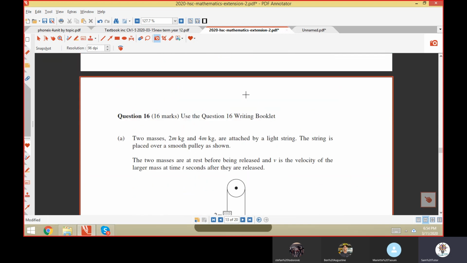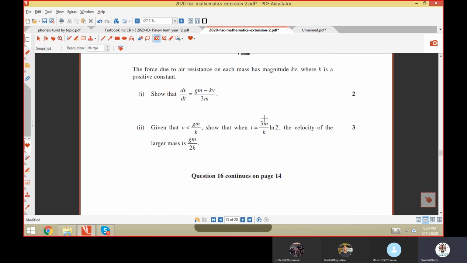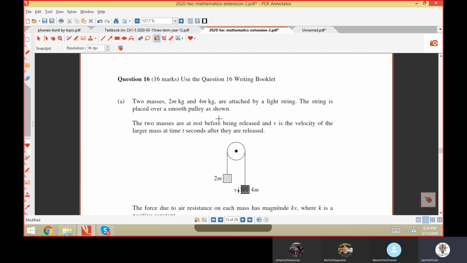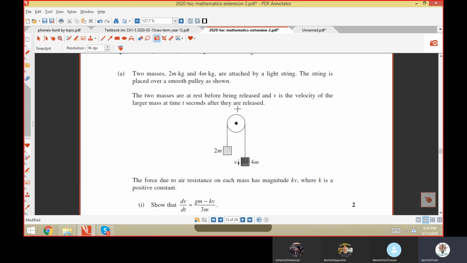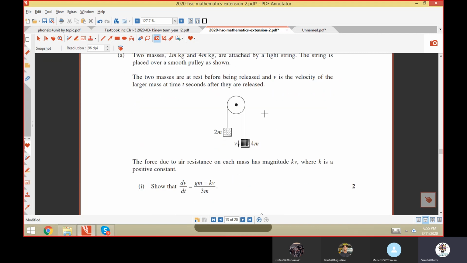So not bad, actually. This is the problem one, because the problem is we all asked NESA if pulleys are going to be in the syllabus. They said no, and they put pulleys in the exam. Nice. But mechanics. I still teach it because I was teaching from the old syllabus.